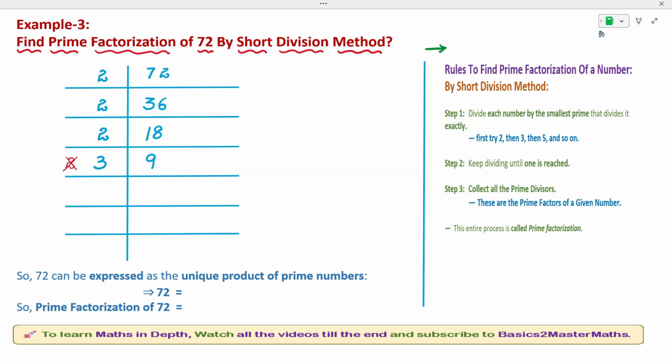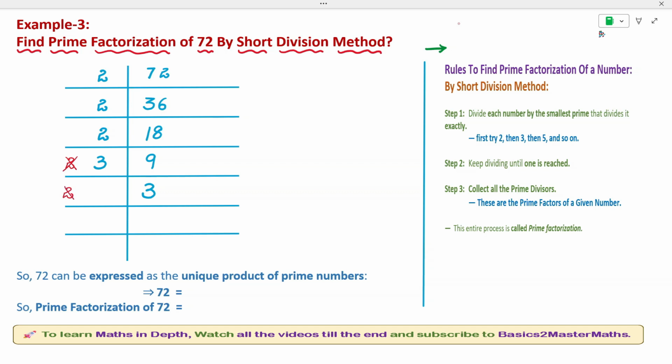Since 3 divides 9 exactly, we get 3. Again, try dividing 3 by the smallest prime 2.